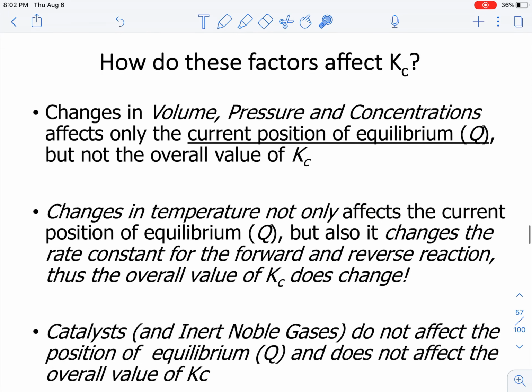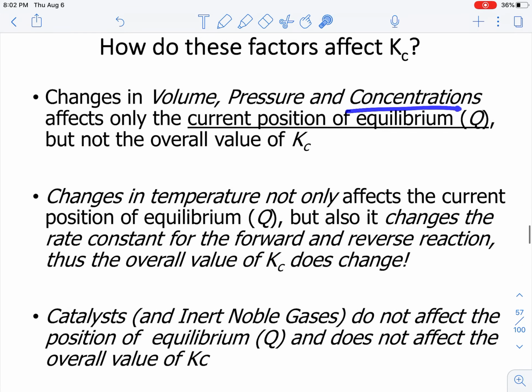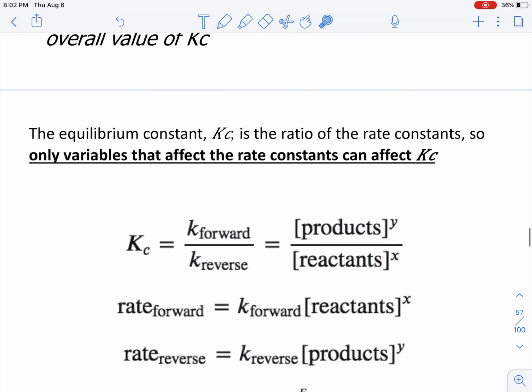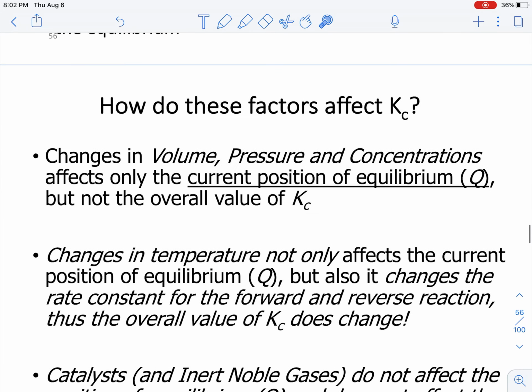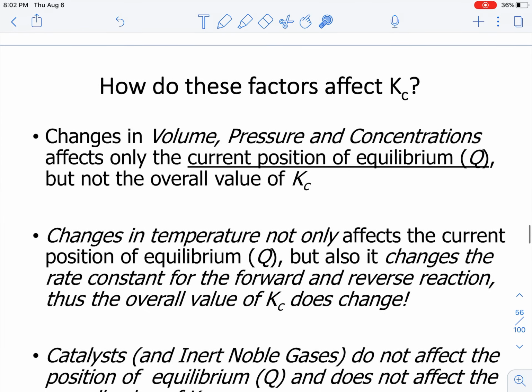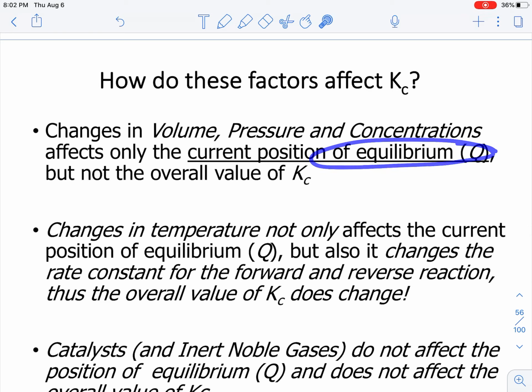And so if we were to change the concentration of the actual reactants and products, whether we're changing it directly or indirectly through volume and pressure, what we're doing is changing the actual concentration, so that the equilibrium concentrations of the product and the reactant are going to change, but the actual value of the equilibrium constant Kc does not change.